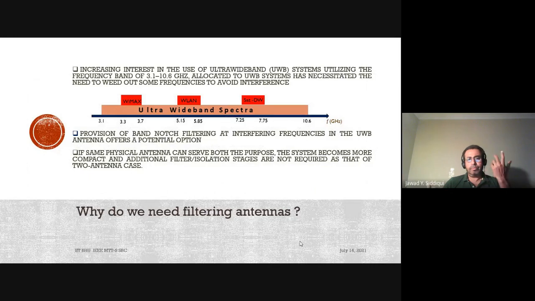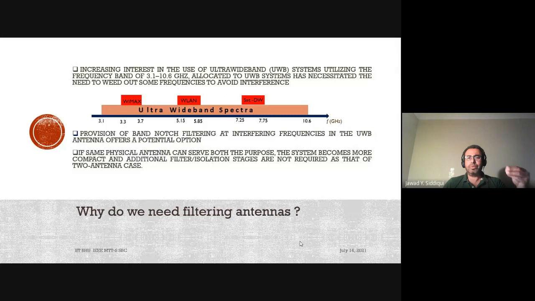As you know, with the opening of the spectrum usage for ultra wideband, we started to design ultra wideband antennas covering the whole ultra wideband spectrum. But with the increasing interest in the use of UWB systems, we had the requirement of filtering out some of the frequencies to avoid interference.